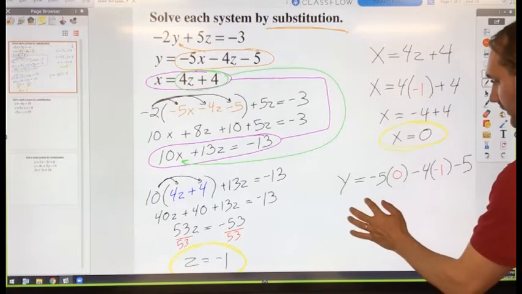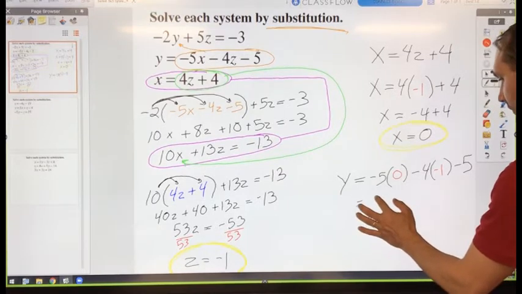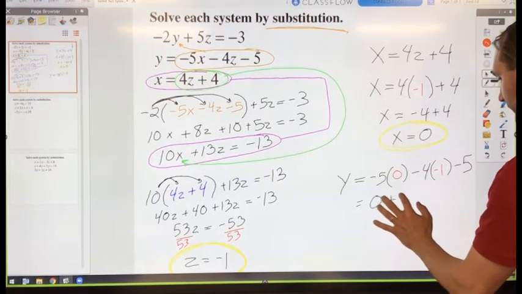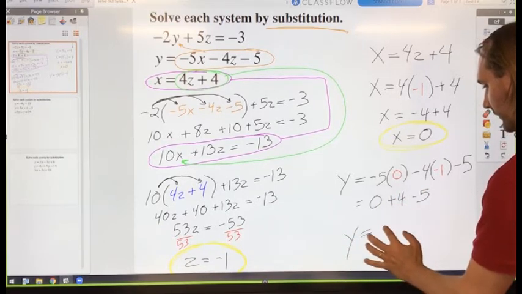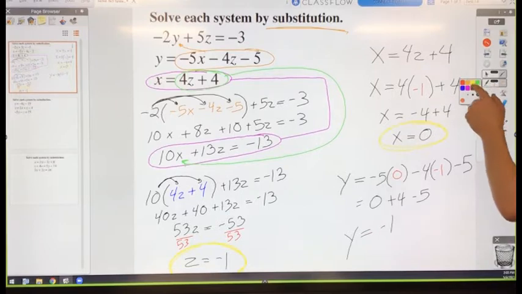Now let's solve for y. So it equals 0 plus 4 minus 5, so therefore y equals negative 1.